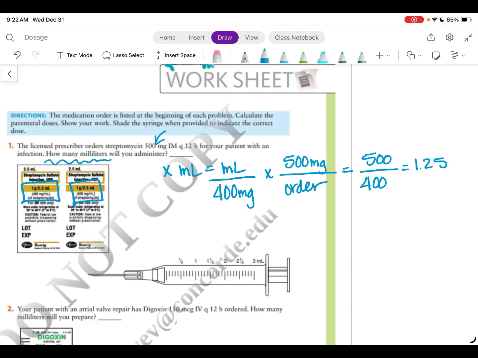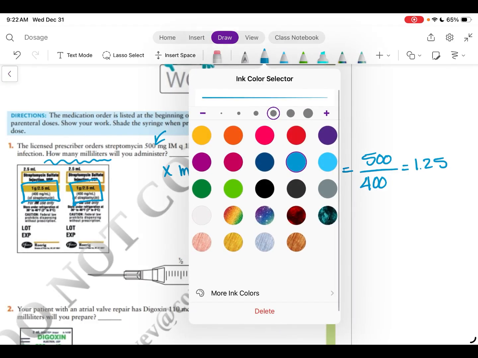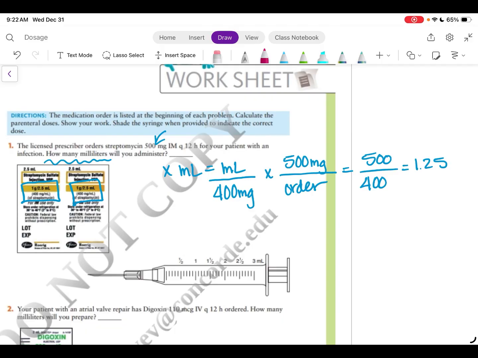There is a different way to solve it. Let me just use a different color here. So I'm going to set it up the same way, milliliters, right? But here I can also use the 2.5 milliliters over 1 gram, right? It's part of the label, right?